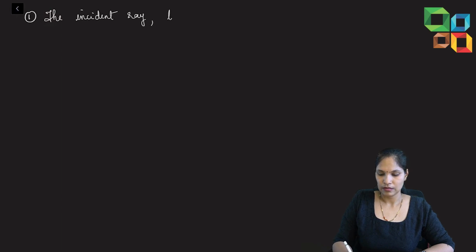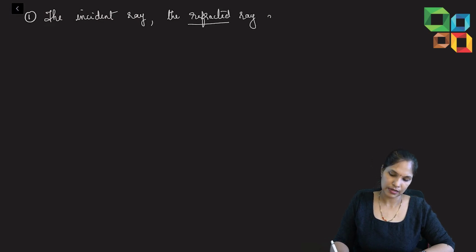Okay, let's write that. The incident ray, the refracted ray, you have to be careful with this word, refracted ray, and the normal. The normal is not a ray. Some students write normal ray also.